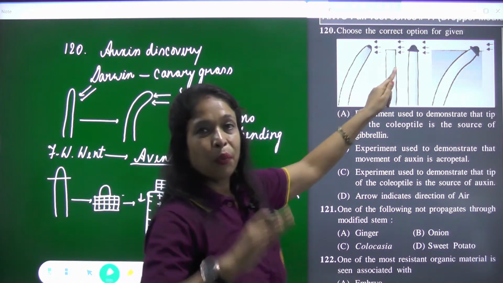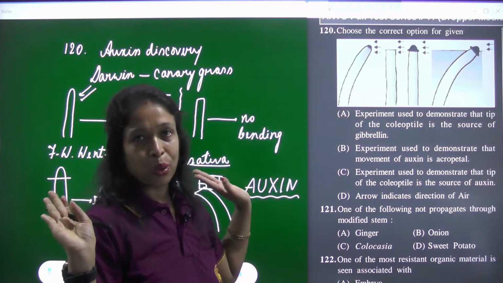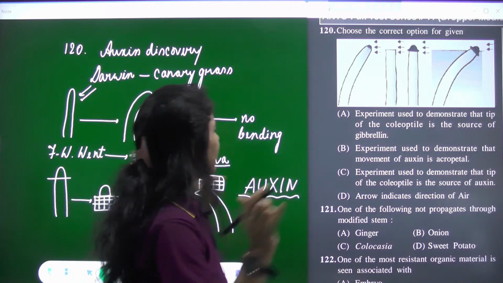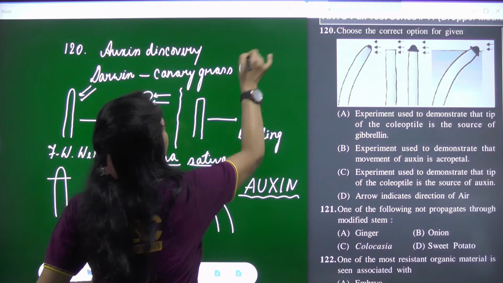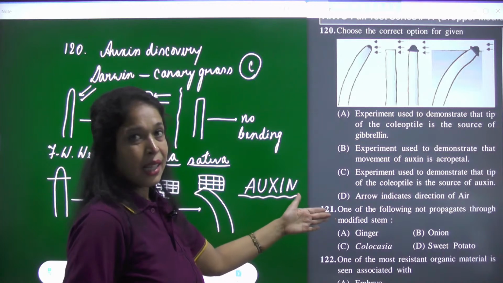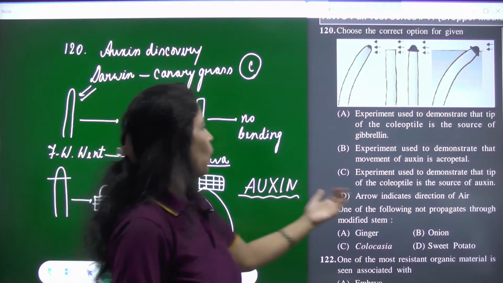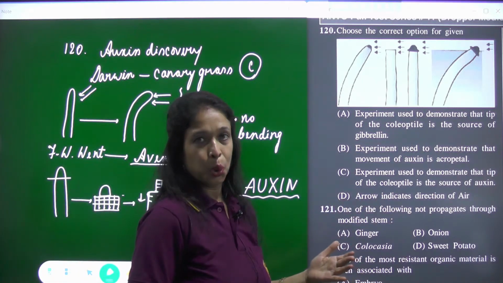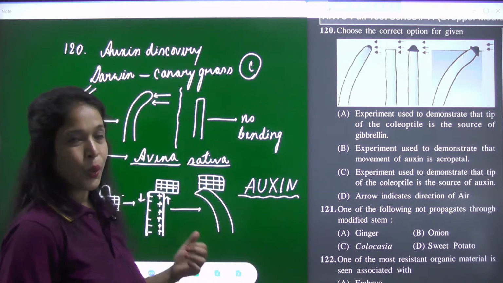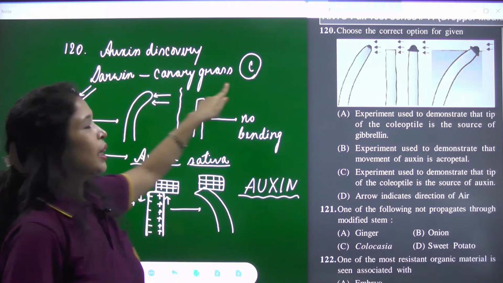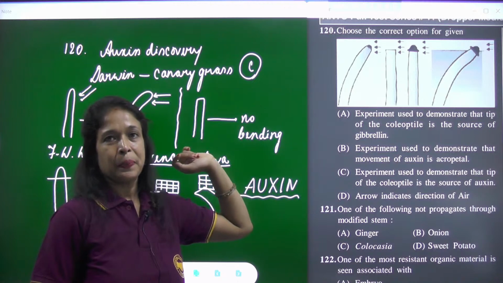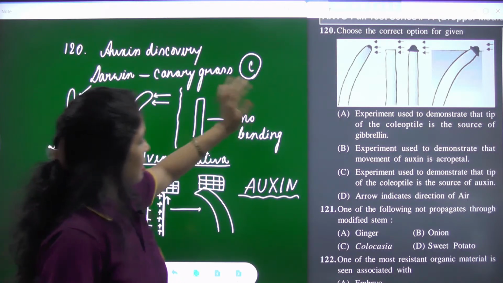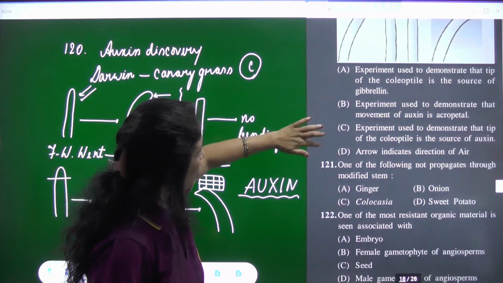Without the tip, there will not be growth. So statement C is right. The last option is irrelevant: arrow indicates direction of air? No, it is actually the light. So for question 120, the answer will be C. This is an experiment on auxin discovery.